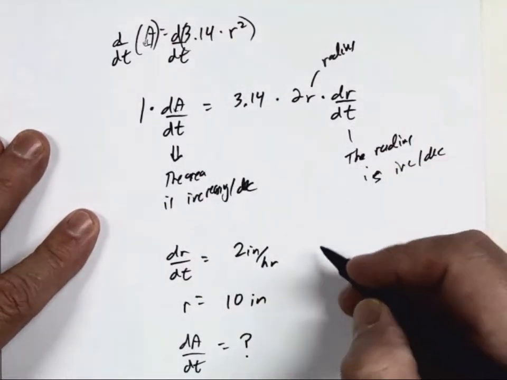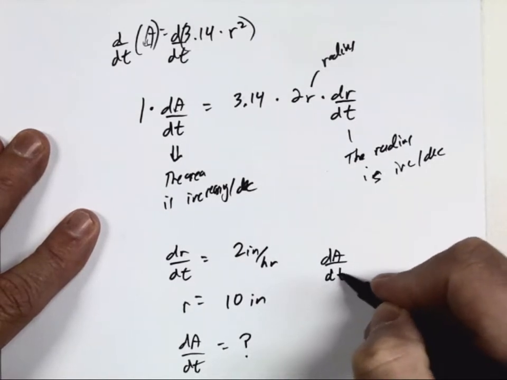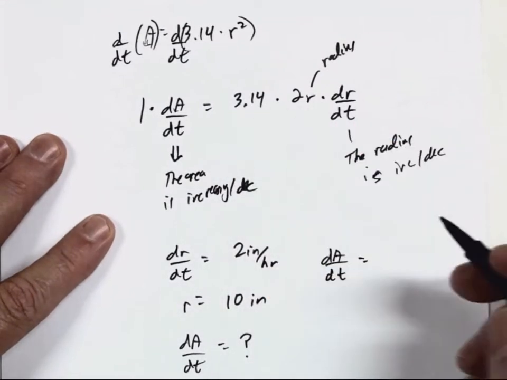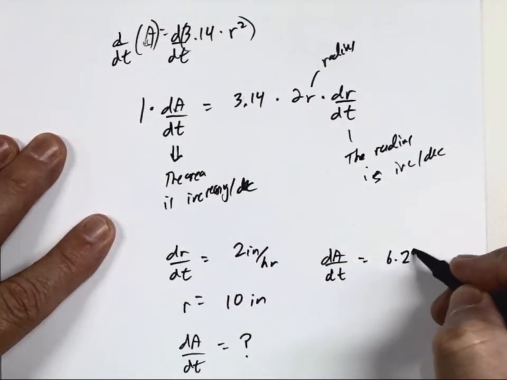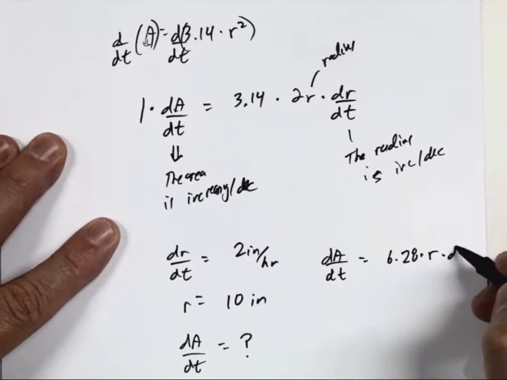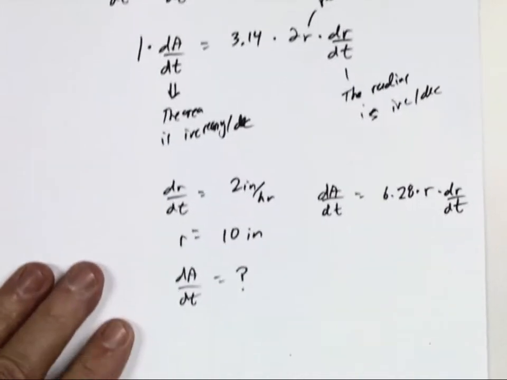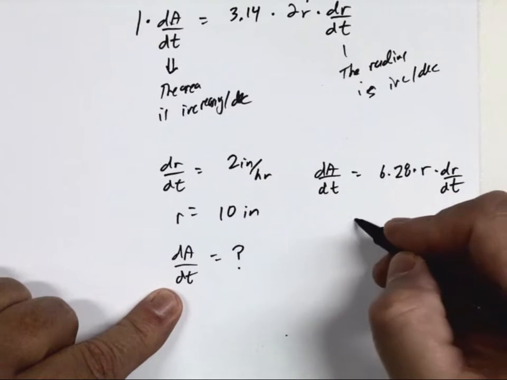Let's simplify this by writing over here dA/dt equals 3.14 times 2, 6.28 times r times dr/dt.